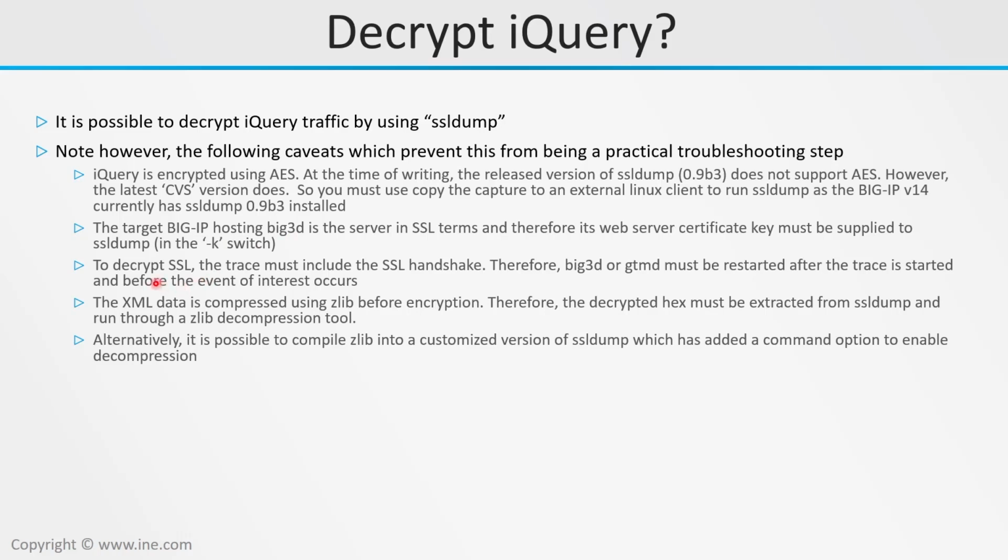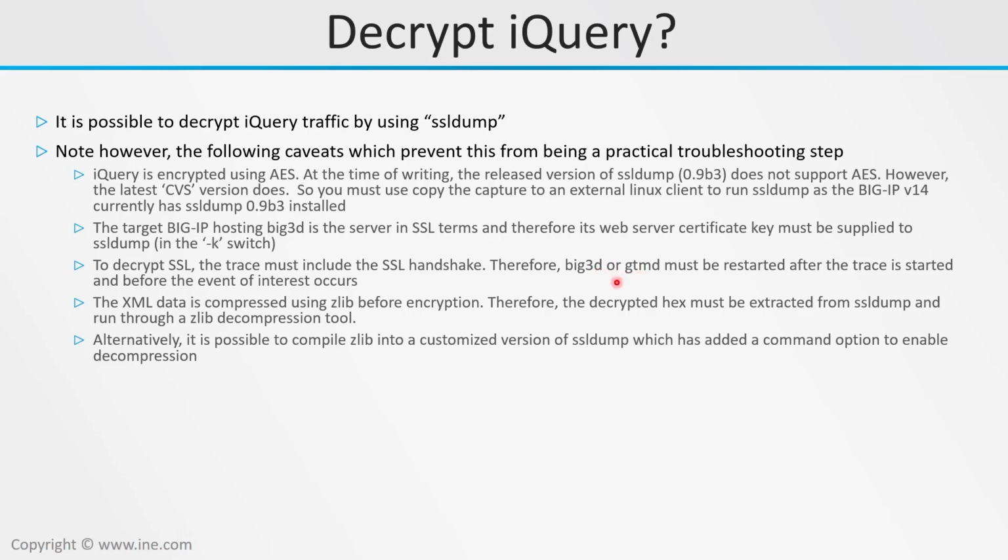All right. So now to decrypt SSL, the capture must include the initial SSL handshake, or else it's not going to be able to decrypt that SSL transaction properly. In order to do that, you would need to restart big3d or gtmd, depending on if you're doing it from the local or remote system.